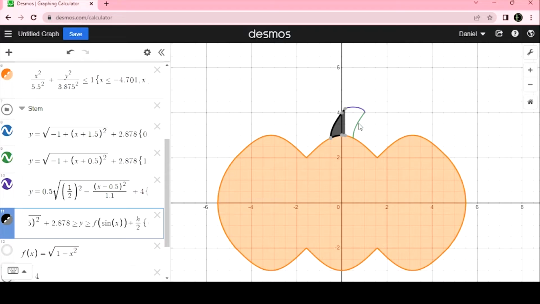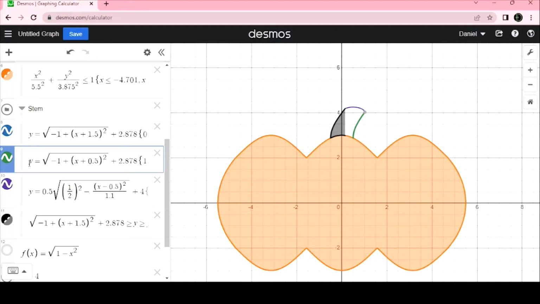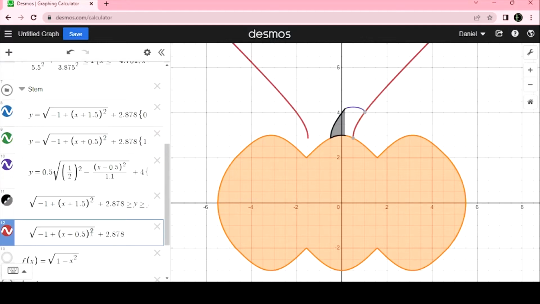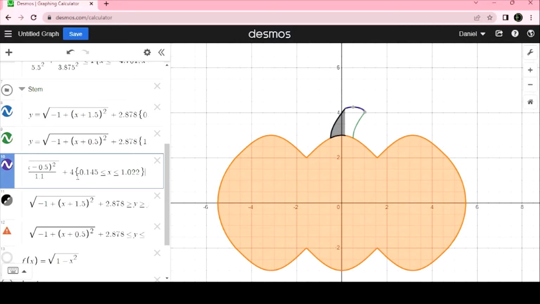All right, and then this one should be the bottom line there, and this line should be the top line.